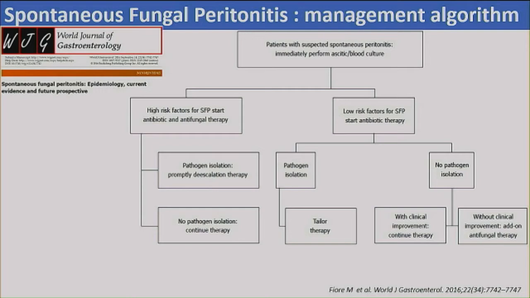If we suspect patients with peritonitis due to fungi, immediately perform ascites or blood culture. In high-risk patients for spontaneous fungal peritonitis or invasive fungal infections, start antibiotic and antifungal therapy.